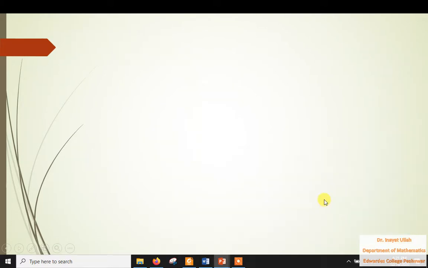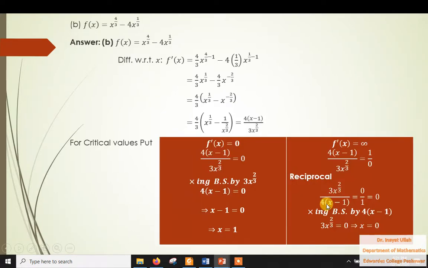Now multiplying 4 into x minus 1 towards that side to get 3 into x power 2 by 3 equal to 0, and dividing this equation by 3 to get x power 2 by 3 is equal to 0, and taking 3 by 2 power on both sides to get x equal to 0. So that is the second critical value for this function.